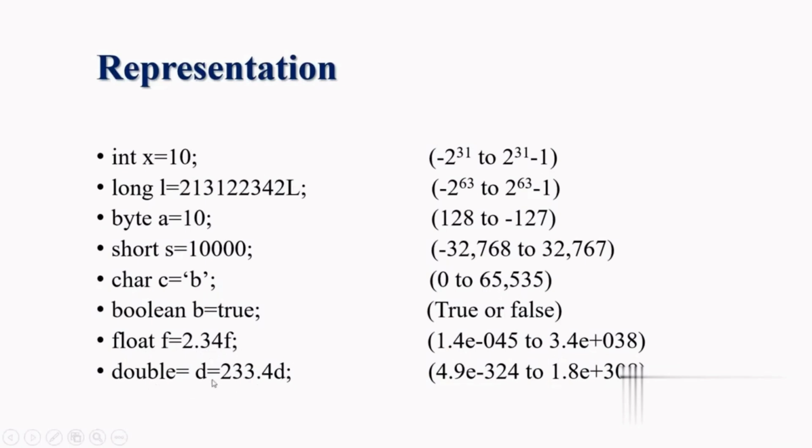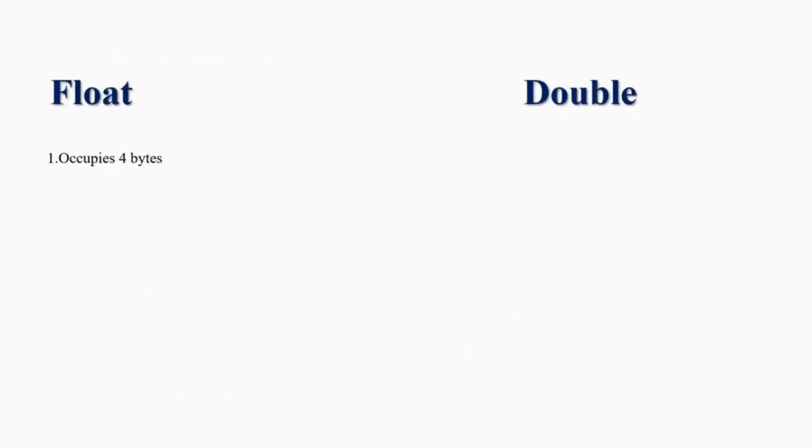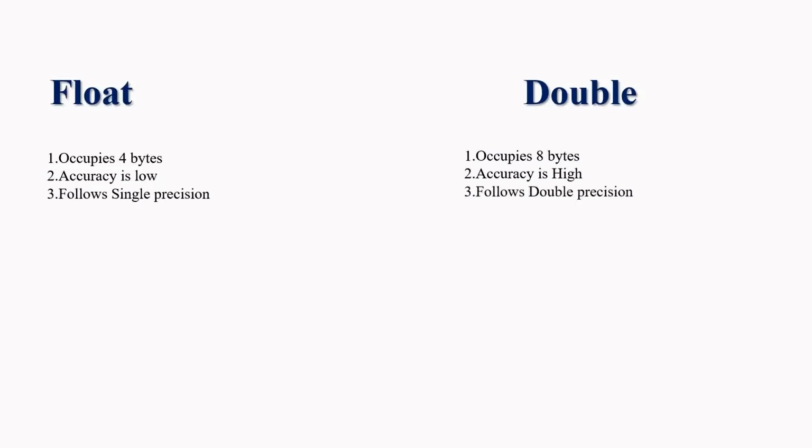Double is used for decimal values just like float. Let's see the difference between float and double. Float occupies 4 bytes of memory and double occupies 8 bytes of memory. Accuracy of float is low and double is high. Float follows single precision and double follows double precision.